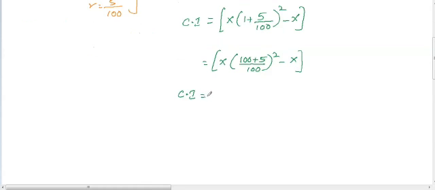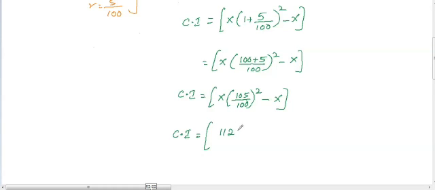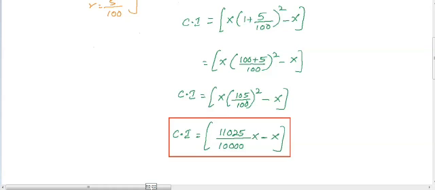So compound interest equals x into (105 divided by 100) whole square minus x. So 105 whole square is 11,025 divided by 10,000, into x minus x. So this is the compound interest.